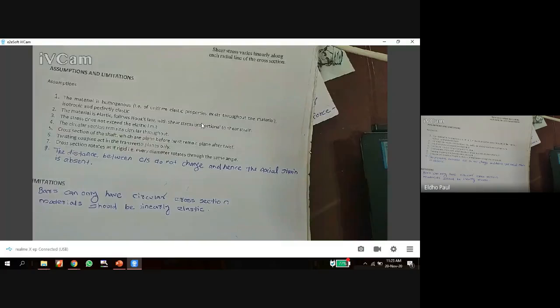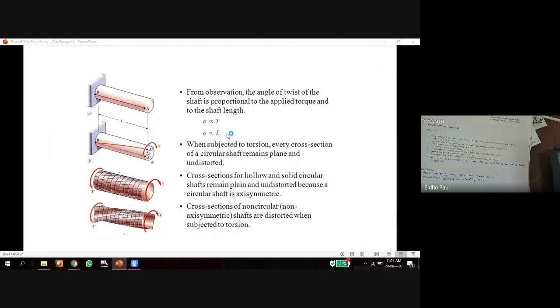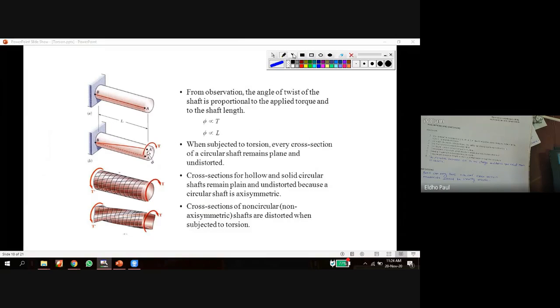Then the circular cross section remains circular throughout. That is a very important assumption. For example, before deformation we have a circular cross section like this, and after deformation this is my circular cross section.